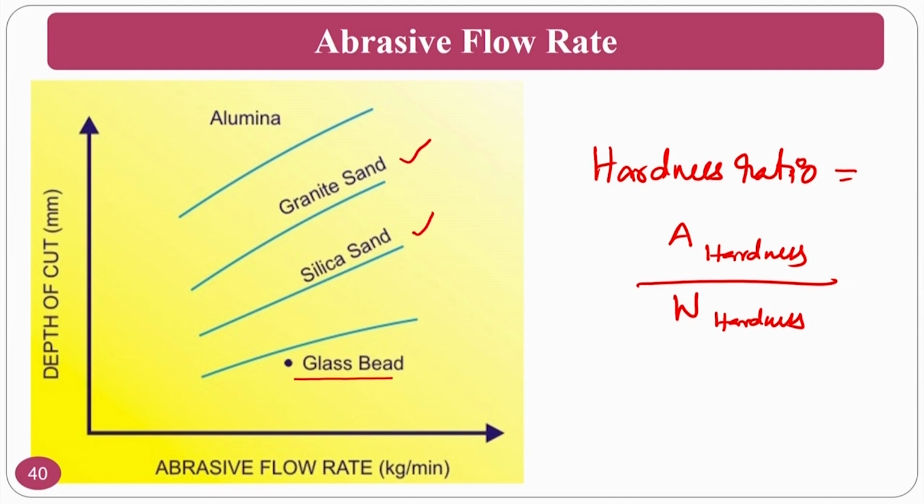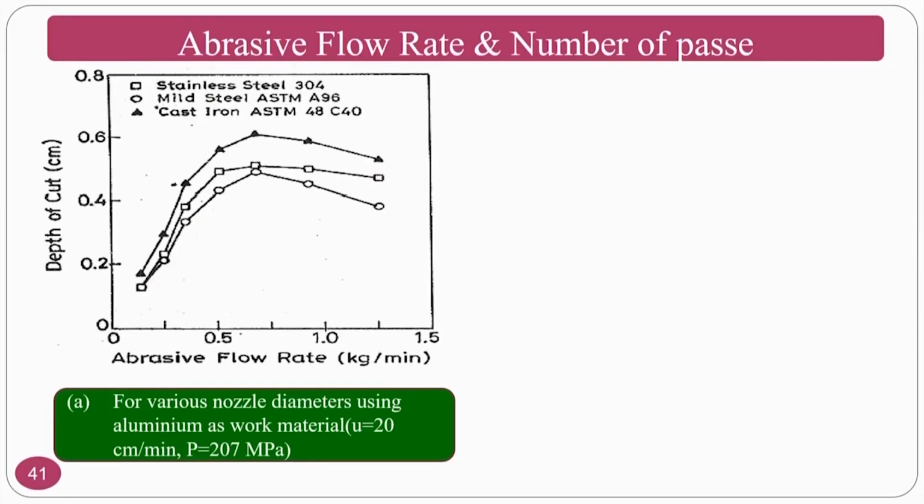If the value is more, that means the abrasive particle hardness is high. For the same workpiece material, if the hardness of your abrasives is increasing, then the depth of cut that you can cut will normally increase. Abrasive flow rate versus number of passes: as the abrasive flow rate increases, for cast iron, which is a brittle material, the depth of cut is very high.